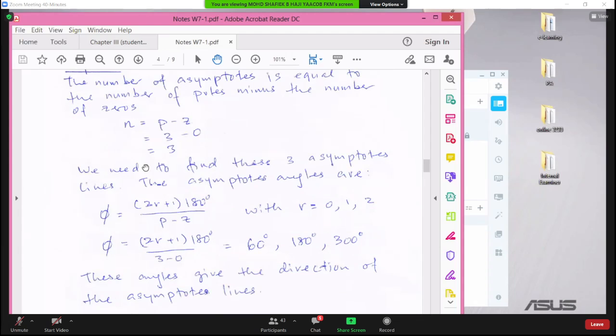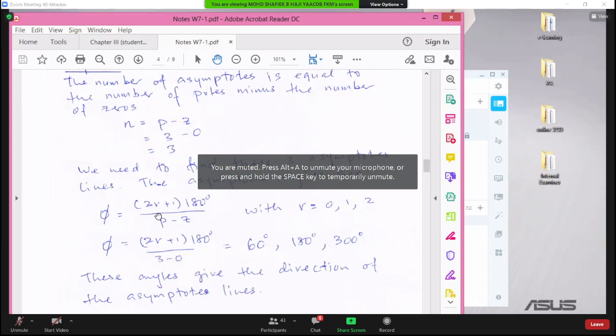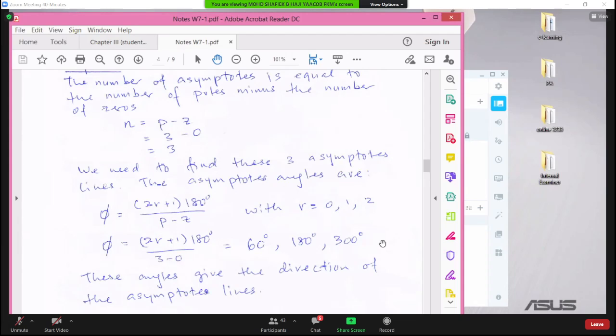Since we are going to find 3 asymptote angles, we need to use r equals 0, 1, 2. Substitute r equal to 0, r equal to 1, r equal to 2, and here p is the number of poles, z is the number of zeros. 3 minus 0, and this is your asymptote angle, 3 of them.